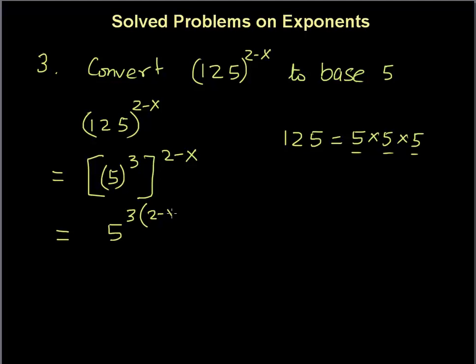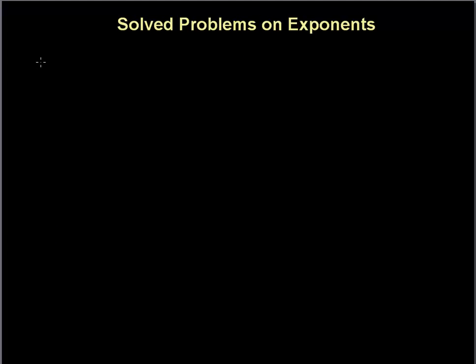I'm writing here in brackets 3 into 2 minus x, which gives you 5 to the power 6 minus 3x, right? That's the final answer, because you can't solve it further. So 5 to the power 6 minus 3x.